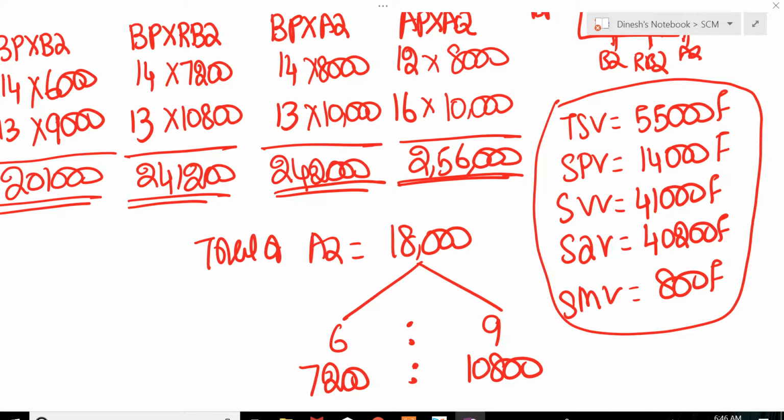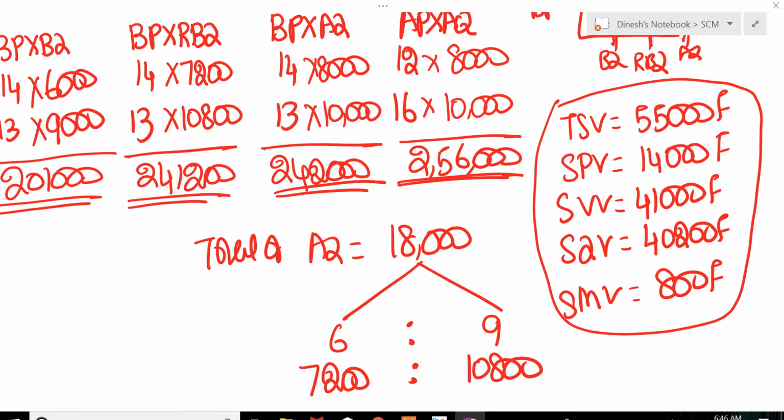Some random number, I have just given the number to this question. In this question, the budgeted sales was 2,01,000, actual is 256. More 55,000 sales does not mean more 55,000 profit, because you have also increased the quantity. When you increase the quantity, your cost will also increase.